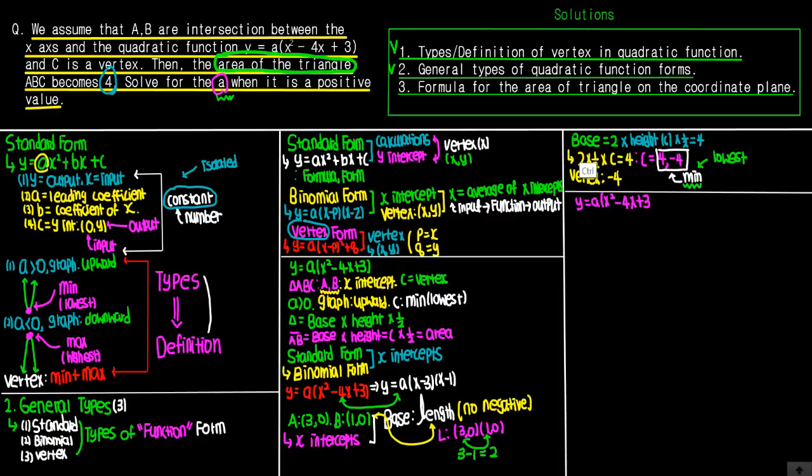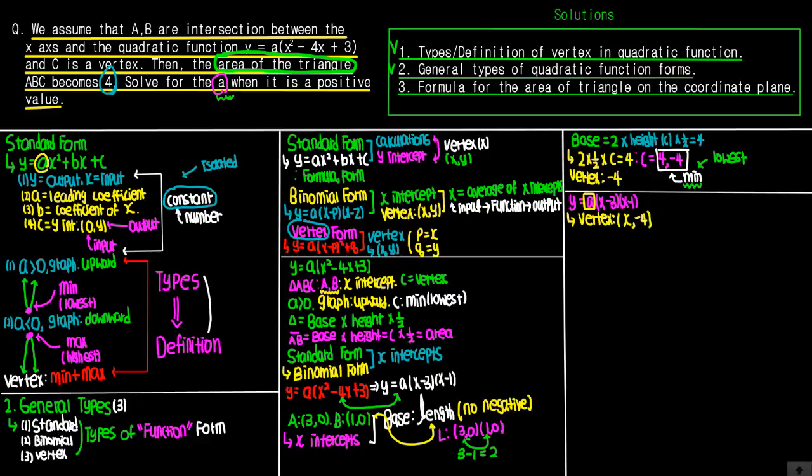And we converted this into a binomial form, which was y is equal to a times (x minus 3) times (x minus 1). Our ultimate question is to solve for our a value, and we're going to solve for it through our vertex. And our vertex is going to be (x, -4).